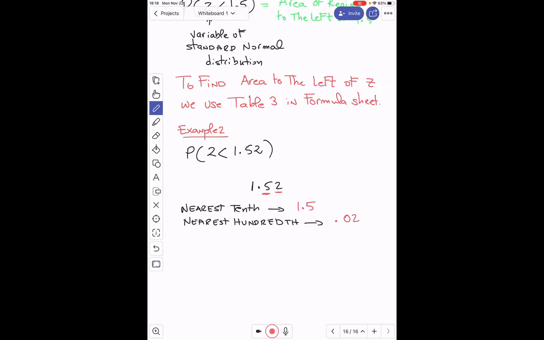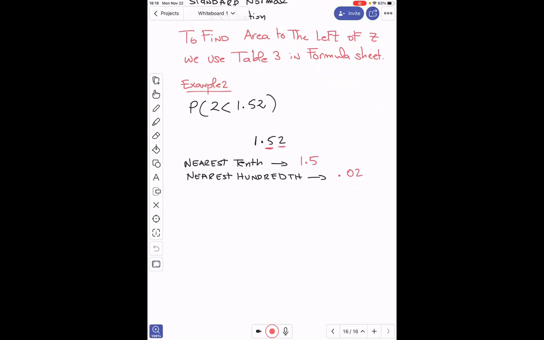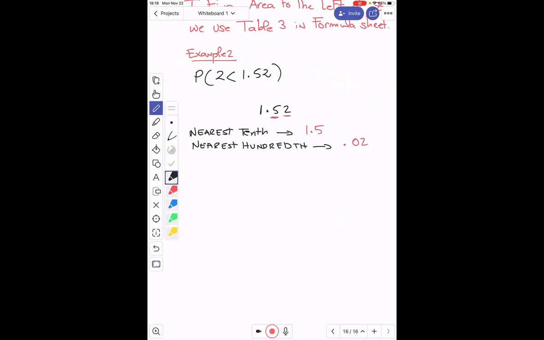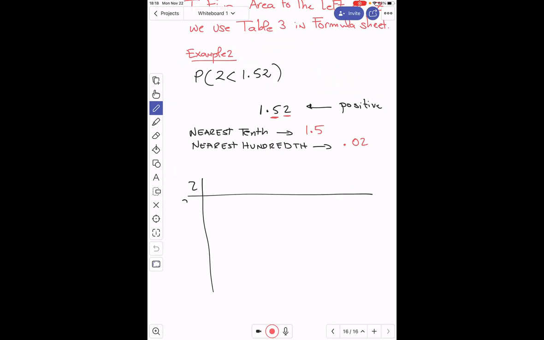So in the table, of course, this is positive, so you need to go to the second page in the table number 3, and then you have your Z. In the second page you have 0.0, 0.1, etc., and somewhere 1.5.